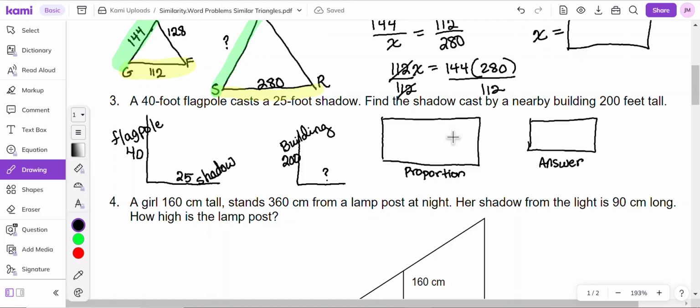One that has the proportion that you wrote, and then your answer that you got, so that I can find it easy without having to skim all over the place. So that way I'll just be looking for 2 boxes, okay?